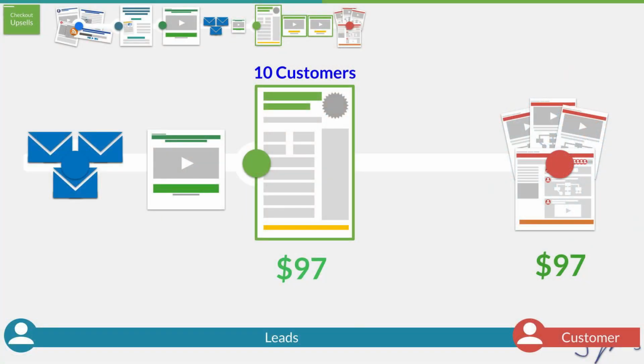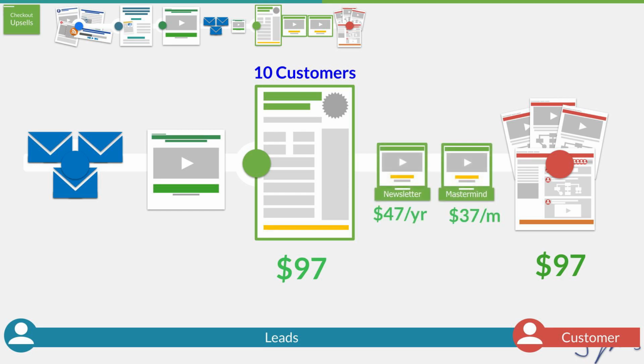Now, here's a quick breakdown on why this is so valuable. Let's say we have a $97 course and 10 people purchase it. Well, if we have 10 customers, then our average transaction value is going to be $97. I'm leaving out processing fees here. But if we were to add an upsell or two, let's say a newsletter and a mastermind, and 1 out of 3 people took us up on the newsletter, and 1 out of 10 people took us up on the mastermind.